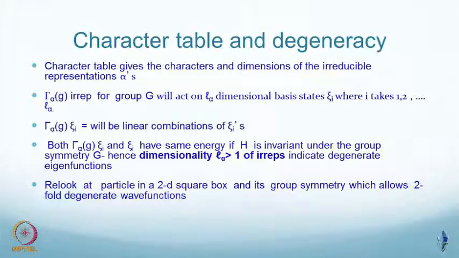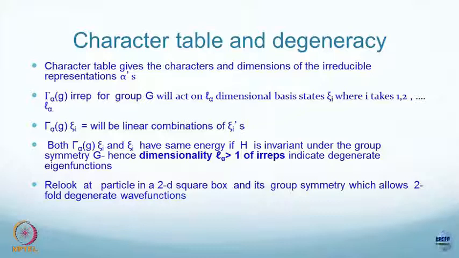And what is the meaning? Whenever there is a group symmetry in the system, when I operate this on xi I, it will be a linear combination of xi I. If it is a one-dimensional vector space, if L alpha is 1, what is the linear combination available? You do not have any other linear combination. Okay? So, gamma g of psi I and psi I will have to have the same energy if the Hamiltonian has the group symmetry, and gamma g of psi I will give you a linear combination of basis states of that irrep.